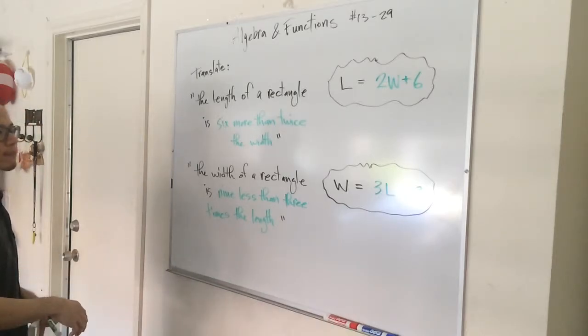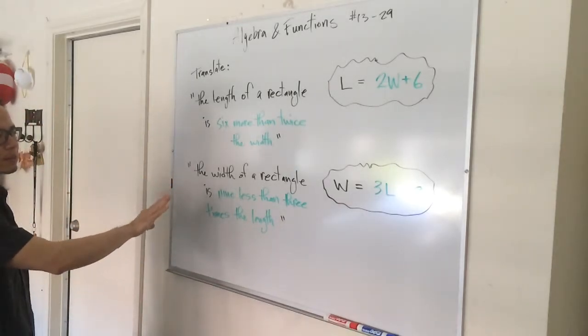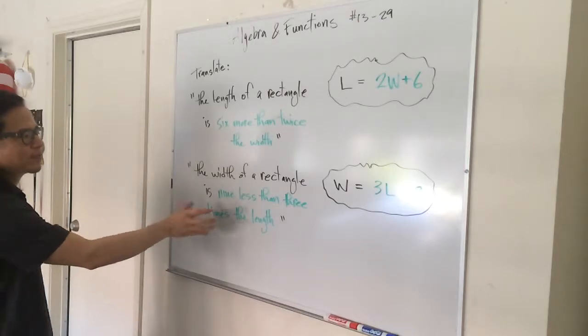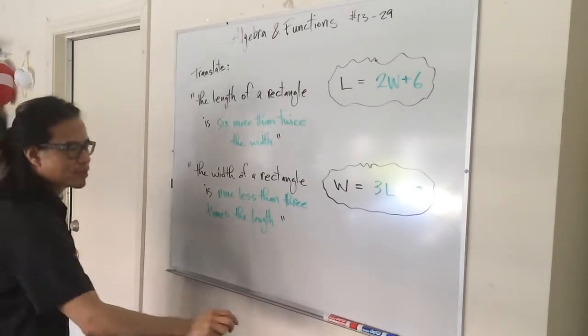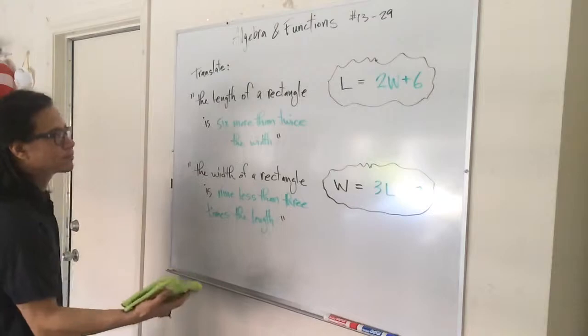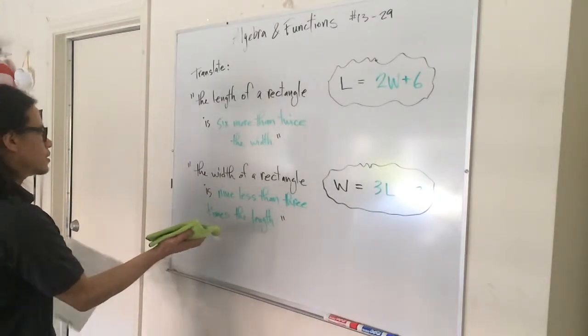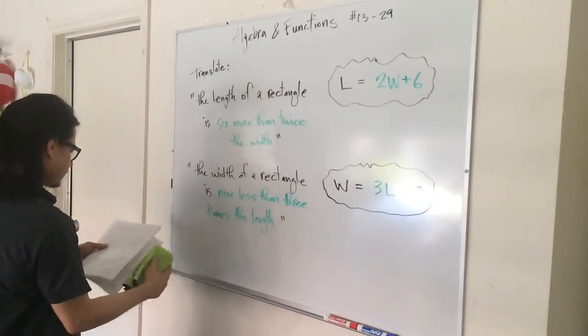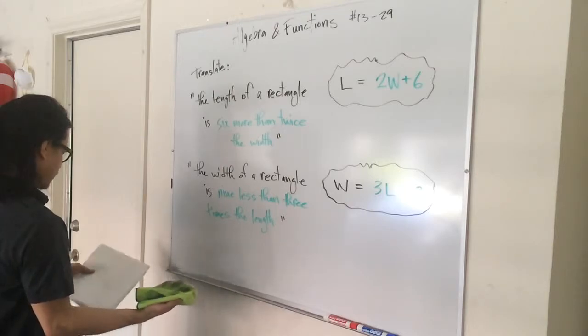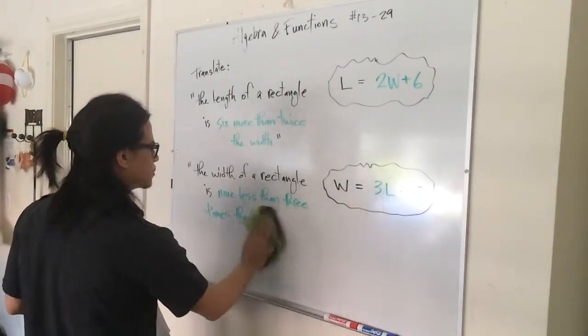Okay. Hoping that you're feeling a little bit more comfortable in terms of translating a sentence into an equation. Okay, now let's use this knowledge to tackle some real rectangles here.